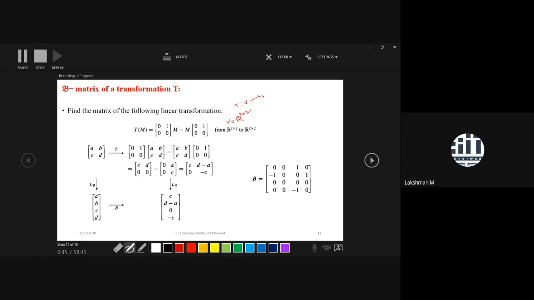In order to find this, we know that, as I already mentioned, what is the dimension of R2 by 2? The dimension of R2 by 2 is 4, because any basis of R2 by 2 contains 4 elements.